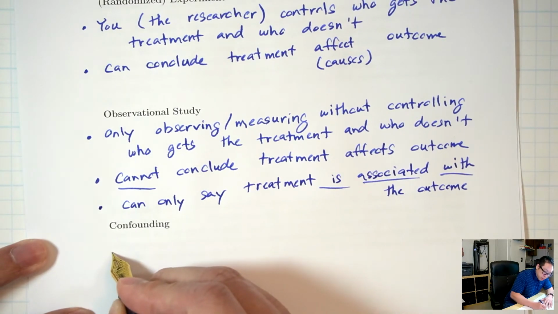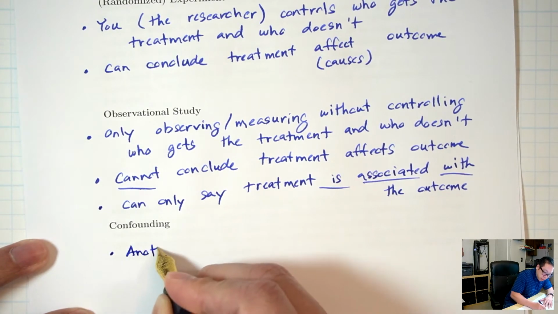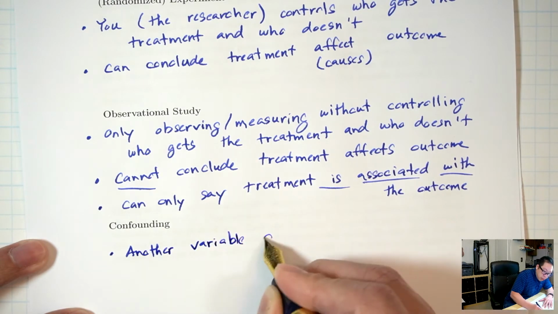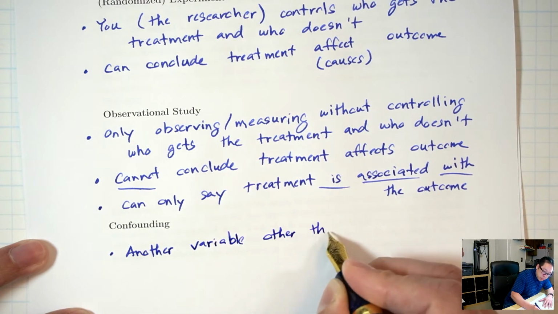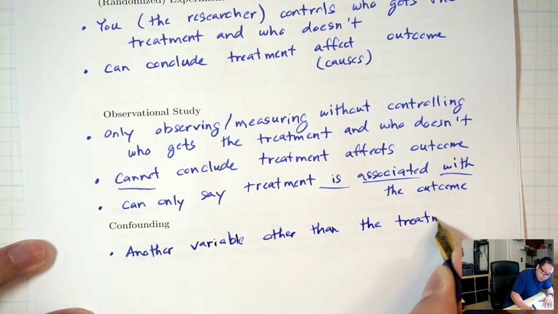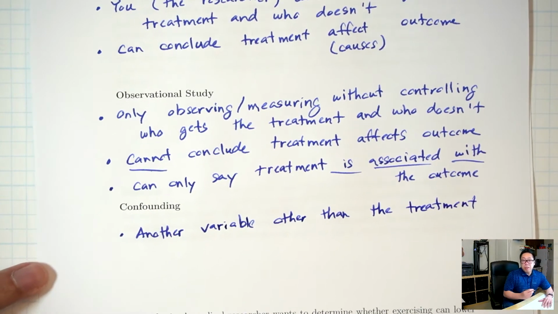So a confounding variable is just another variable other than the treatment that could affect the outcome.